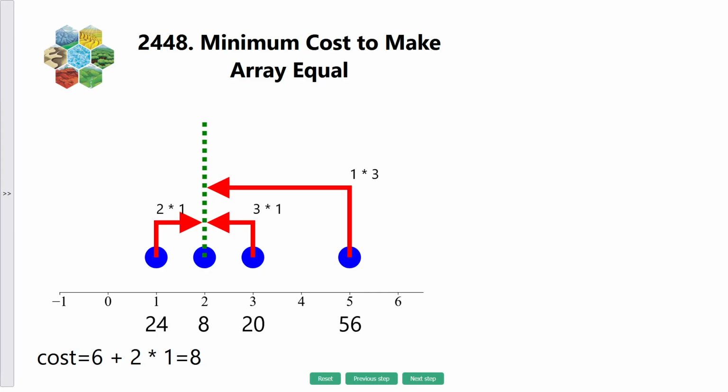So the question is, can we find a way that if we are transitioning from index i to index i plus 1, we can reuse some of the partial results from the previous states, so that the time complexity of our algorithm is reduced.